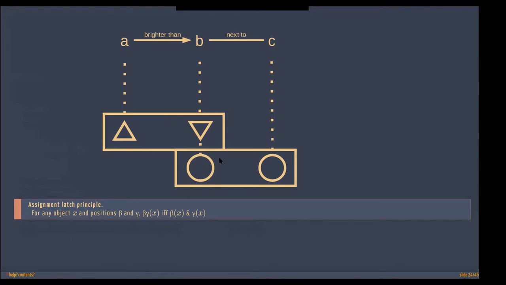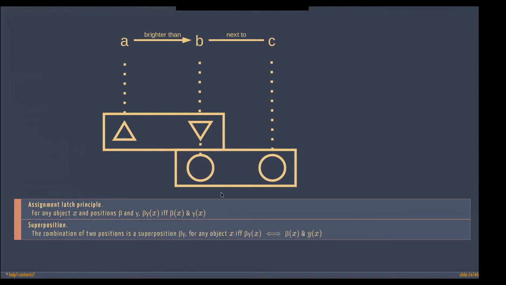I think about this complex of these two positions, which are assigned to by one and the same object, as a superposition that objects can be assigned to. So an assignment to a superposition is what's going on when two positions are assigned to by one and the same object. That's basically what a superposition is.